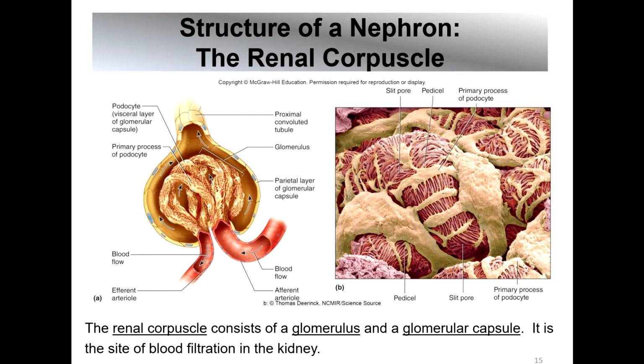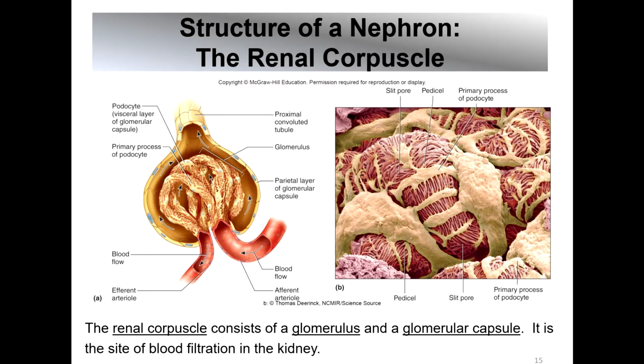You can notice something right away: the afferent arteriole is larger than the efferent arteriole. Blood enters the glomerulus from the afferent arteriole, flows through the glomerulus, and then exits the efferent arteriole.